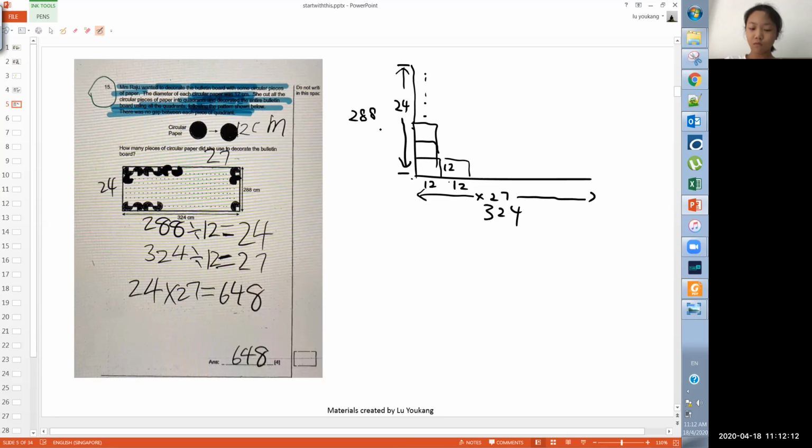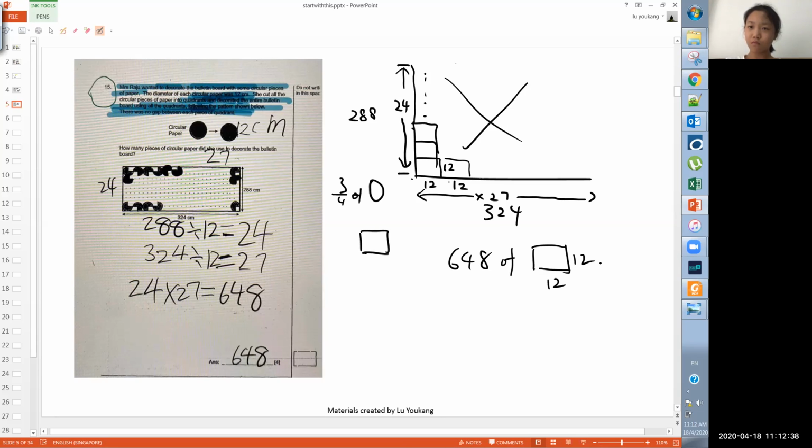Okay, so one square, you should have 3/4 of a circle, right? So basically you are saying in this entire piece, you have 648 pieces of 12 by 12 squares. Am I right? That's what you are saying.